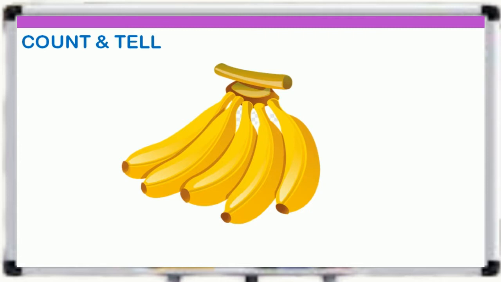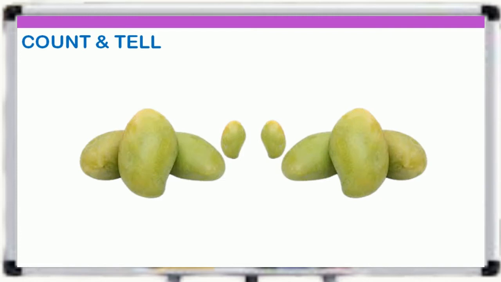How many bananas are there? 5 bananas. Here are some mangoes. How many mangoes are there? 1, 2, 3, 4, 5, 6, 7, 8. 8 mangoes.